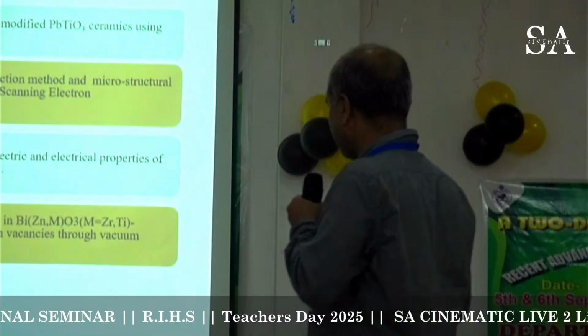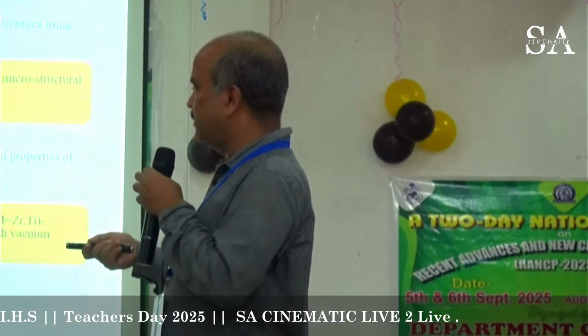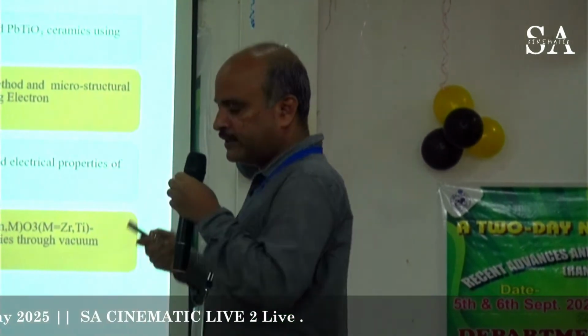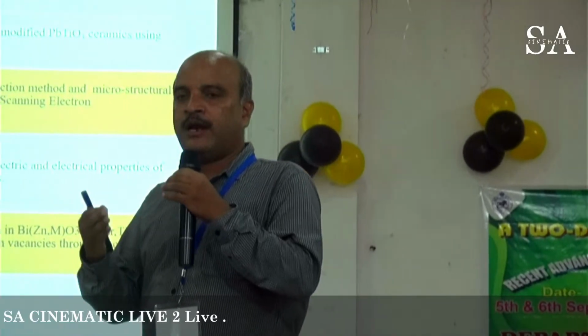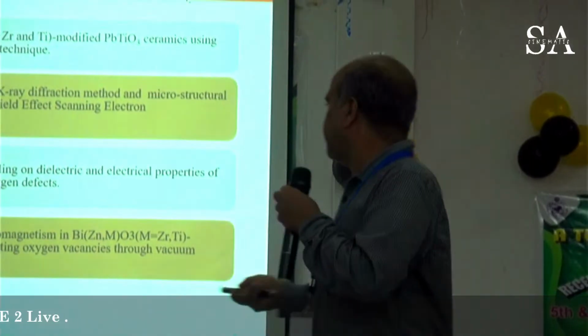After preparation of this material, we can do some characterization, such as XRD and others, to see whether the material is formed or not and how we can exploit the properties of those materials.